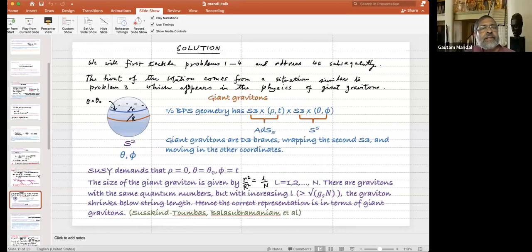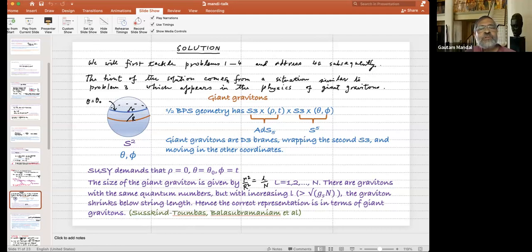So now the solution. We'll first tackle problems 1 to 4 and address 4a subsequently. A disclaimer is that we will not be able to say anything conclusive yet about the solution to 4a, but we will have a discussion. Problems 1 to 4 we will solve.